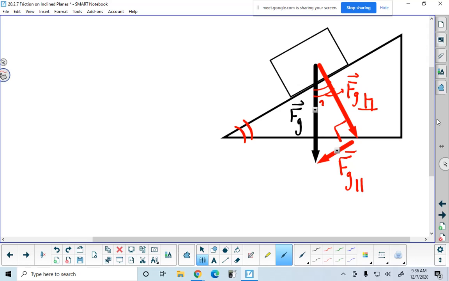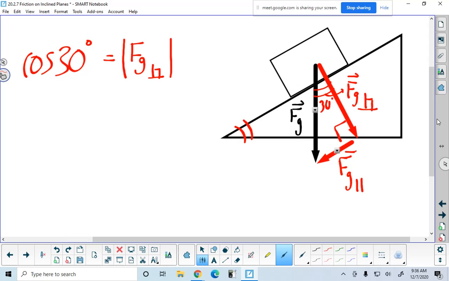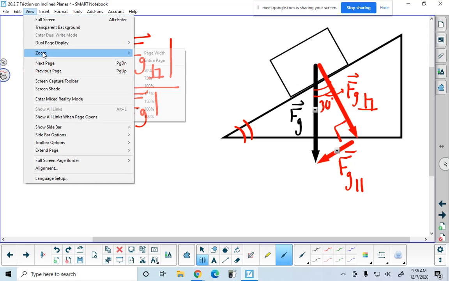This is 30 degrees. So we can write cosine of 30 degrees is equal to the adjacent side, which is FG perpendicular, over the hypotenuse, which is FG. Now we calculate FG by using mass times 9.81. So I'm going to go back to my regular Zoom.